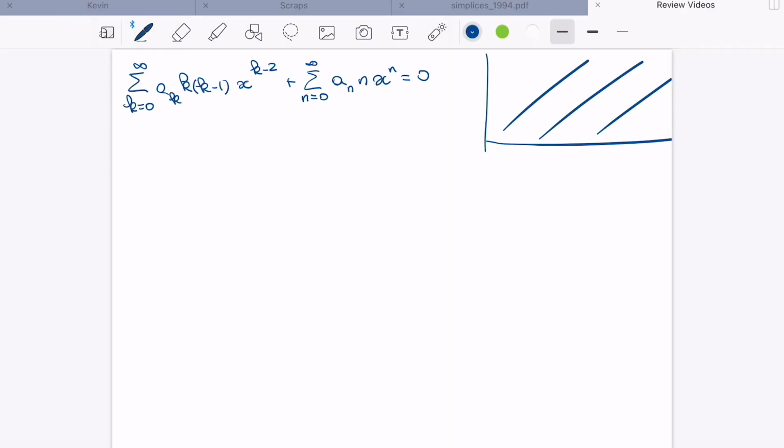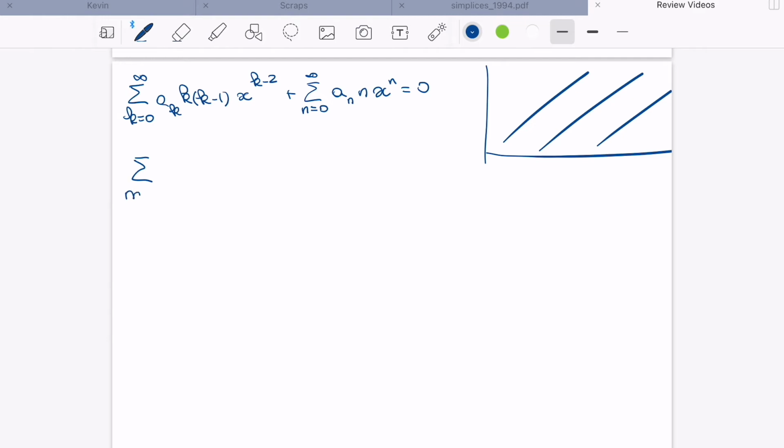How can we do that? We add a new index. We go from n equals, well, we want to go for k minus 2. Actually, maybe going to k equal to 0 is not a great idea.